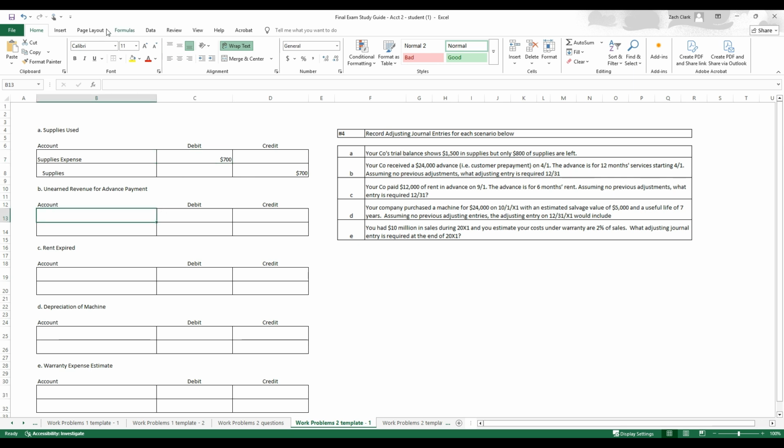And then again, you've reduced your beginning balance that it showed of 1,500 down to 800, which is accurate, and that will be on your adjusted trial balance. So this is basically saying the unadjusted trial balance showed 1,500, but in reality it needed to be 800 because that's all that was really there. So we had to do that adjusting entry here.